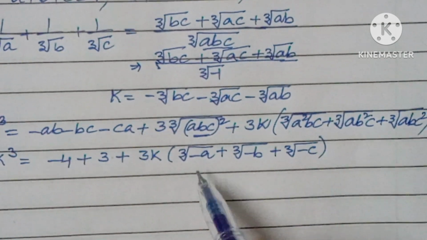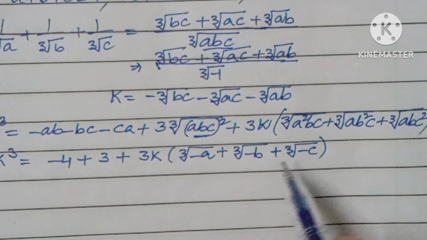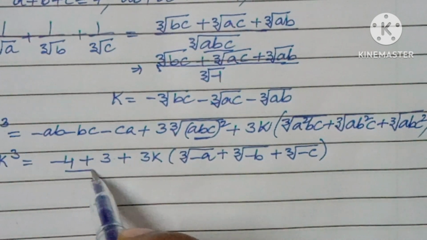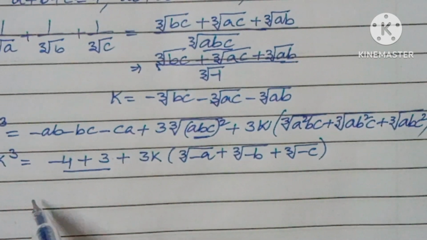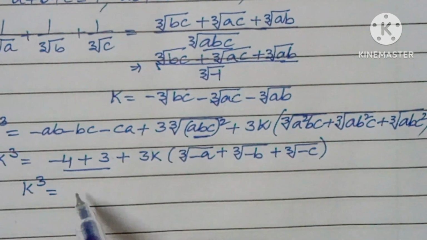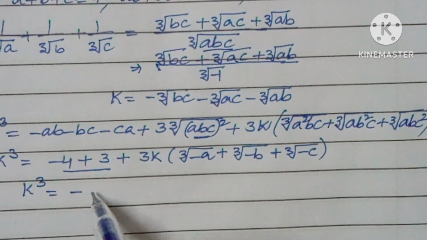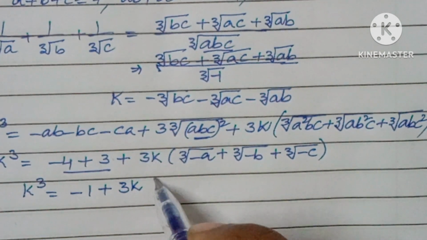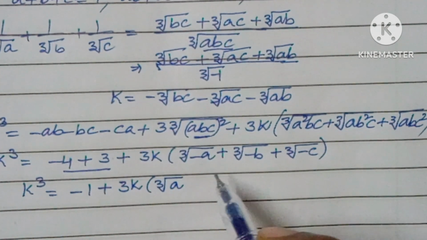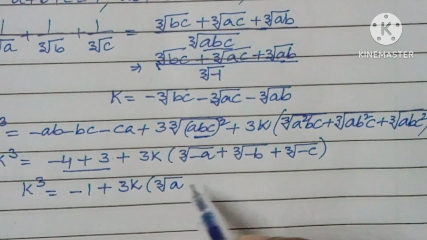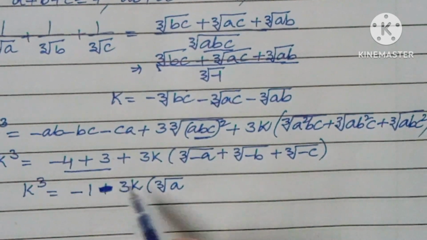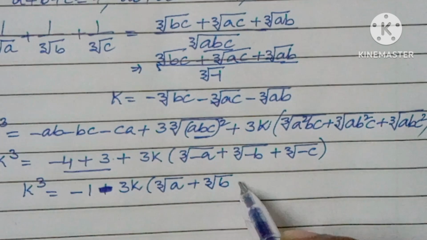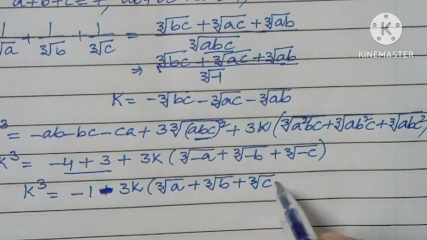If you substitute there, you will get minus A minus B minus C. So here K cube, this value is minus 1. So K cube is equal to minus 1 plus 3K into cube root of A. So here you will take minus common: minus common cube root of A plus cube root of B plus cube root of C.